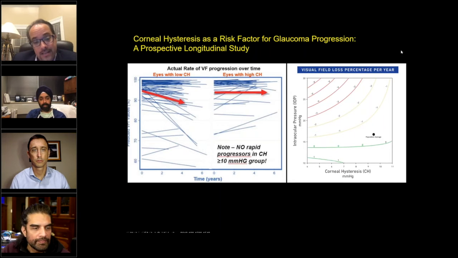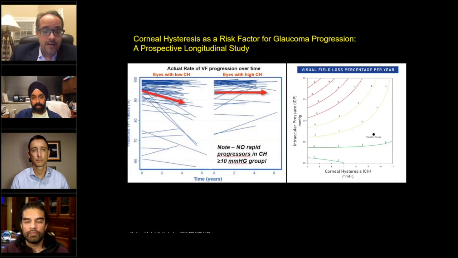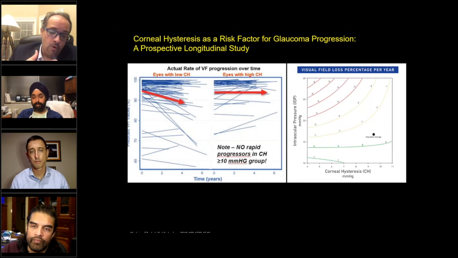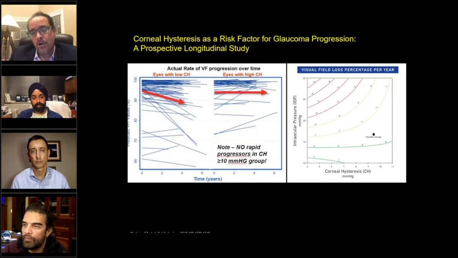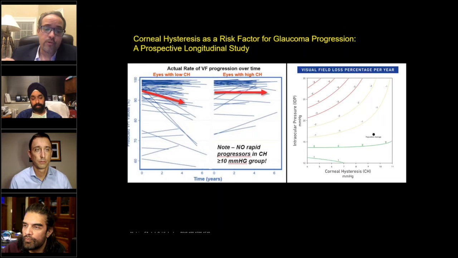Sounds good. So these plots here come from a prospective study that we did, looking at corneal hysteresis as a risk factor for glaucoma progression. We had a cohort of about 110 eyes that we followed over time, and in all eyes we got a corneal hysteresis at baseline, and we followed them over time to see if corneal hysteresis was predictive of those eyes who would progress.